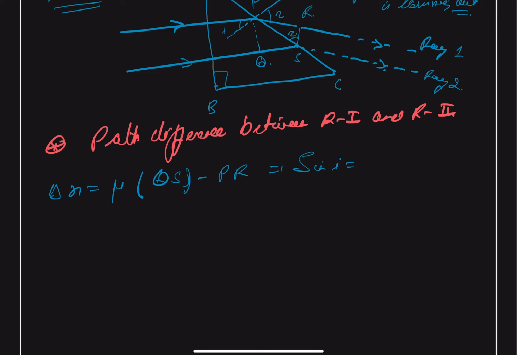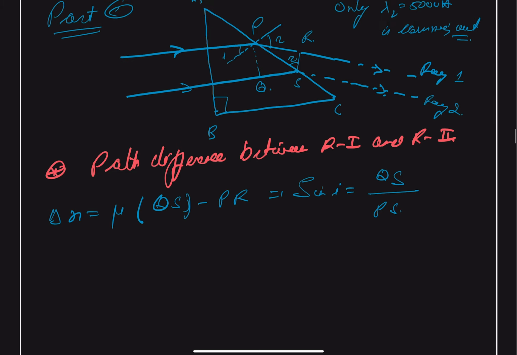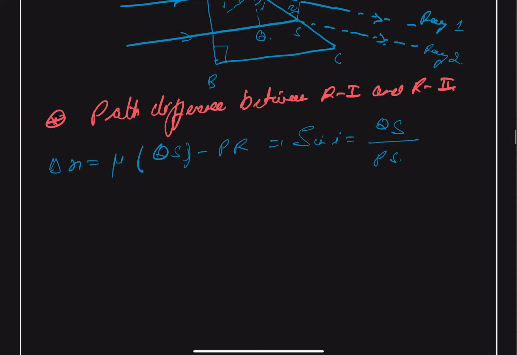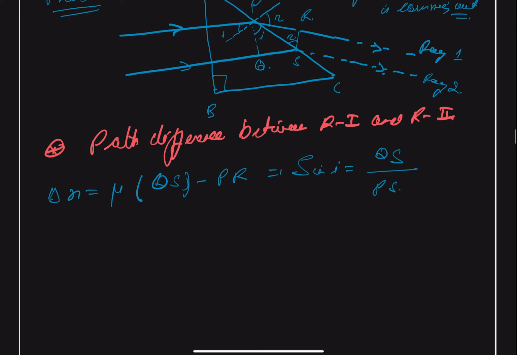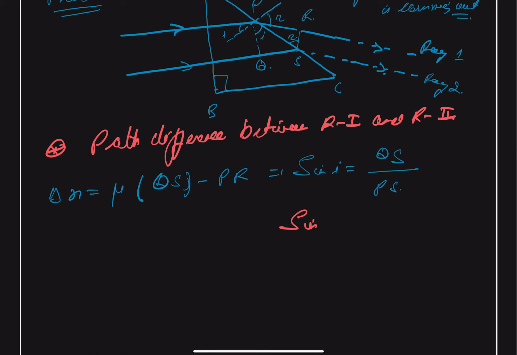Sine of I will be equal to QS upon PS, and here this will also be our I. So sine I is equal to QS upon PS, and we can find our sine of r. Sine r is equal to PR upon PS.